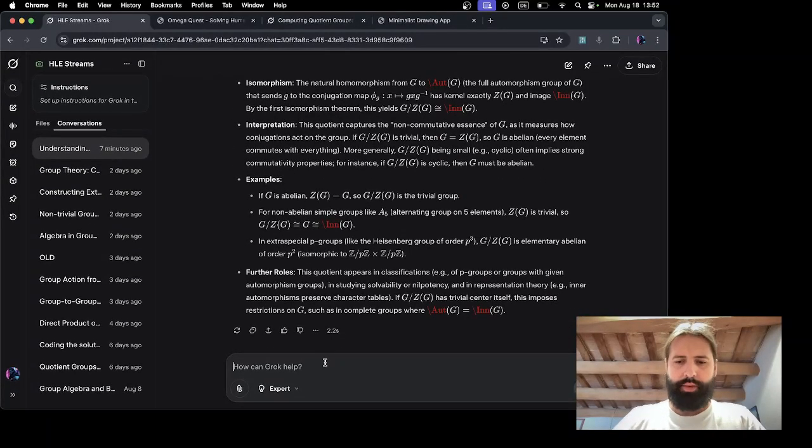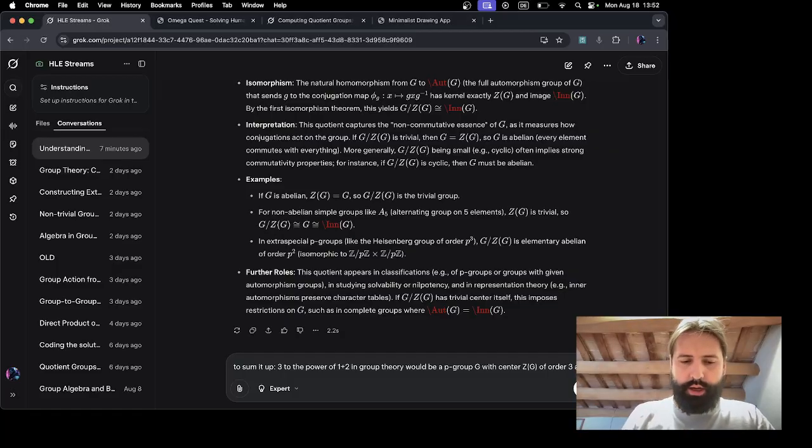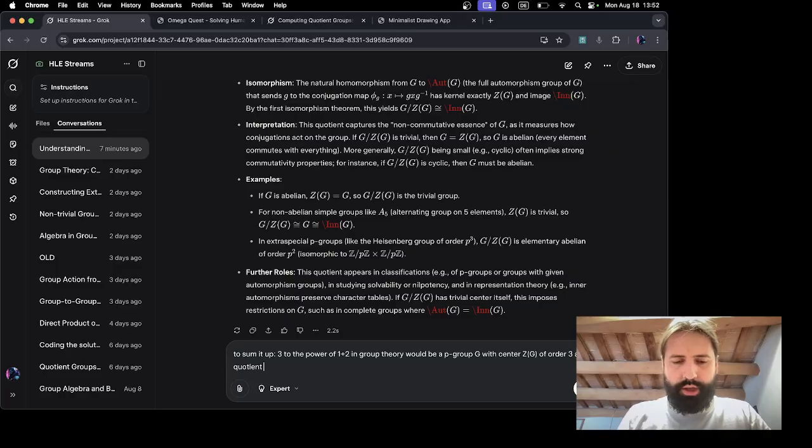So 3 to the power of 1 plus 2, to sum it up, in theory would be a p-group G with center Z(G) of order 3 and quotient G over Z(G) of order 2.